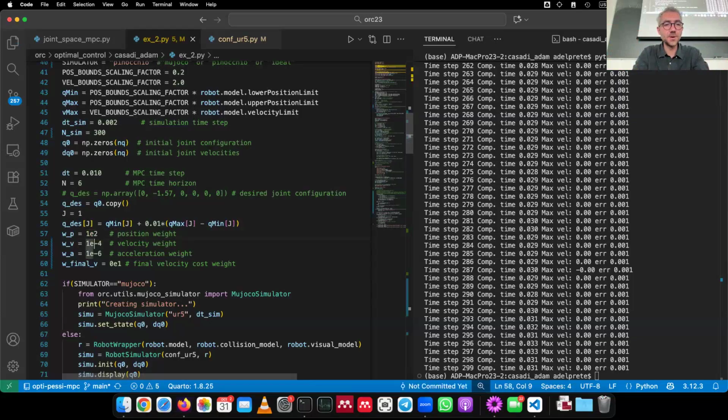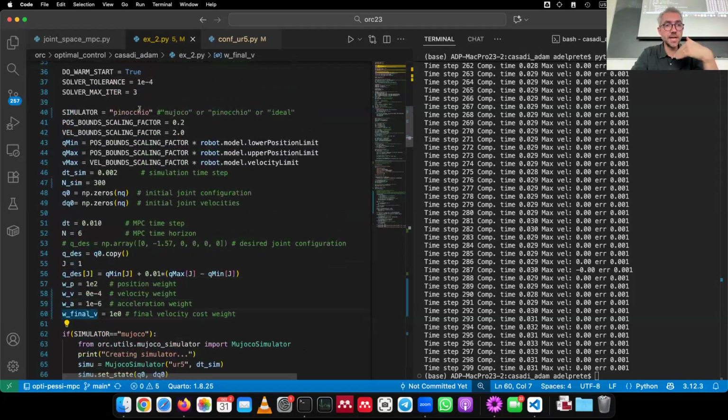So just to recap, the configuration that was working was, for instance, the following one. So position weight 100, velocity weight 0, acceleration weight 10 to the minus 6, or maybe it was 10 to the minus 5, but I think it doesn't change much. And then we can add either a terminal cost on the velocities with a weight of 1, or a terminal constraint on the velocities to be 0.